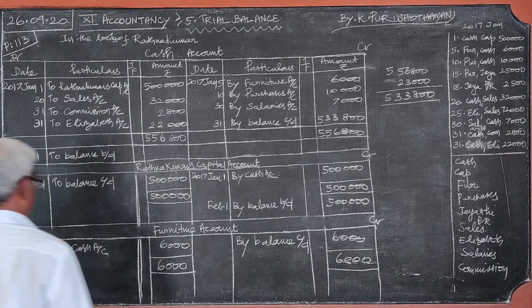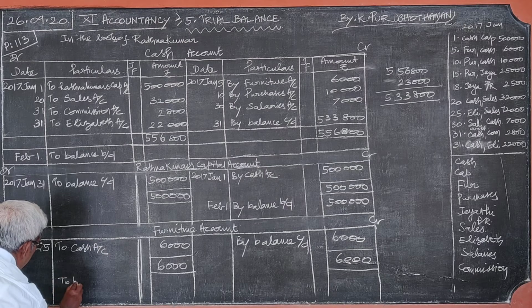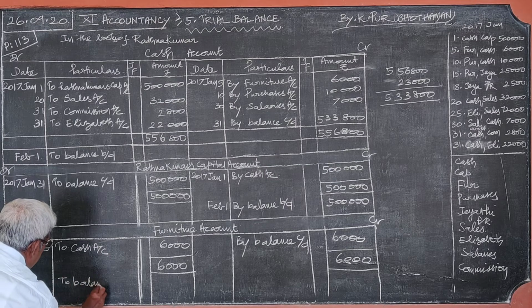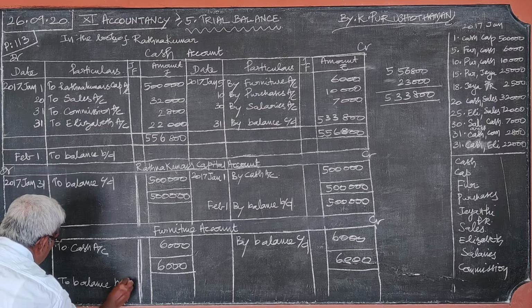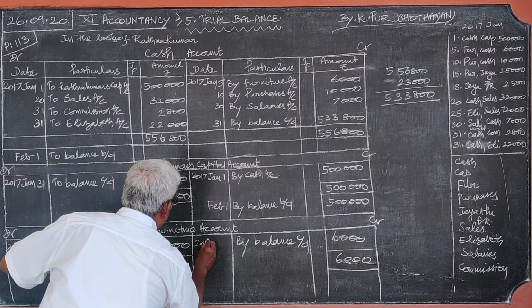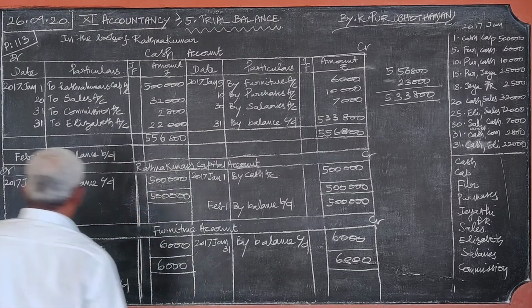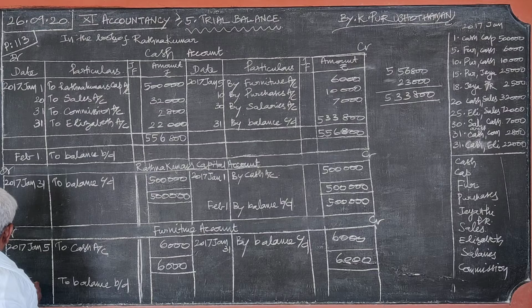On the opposite side, to balance brought down. For the carried down, the same month's last date; for brought down, the next month's first date. Okay.